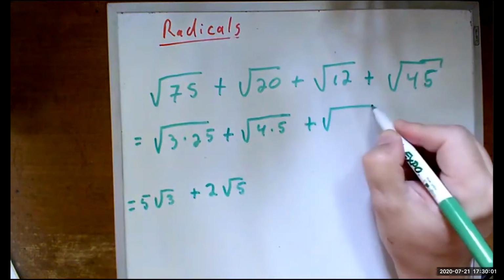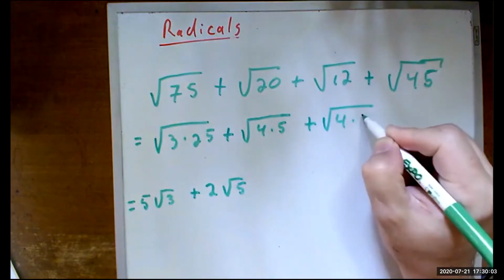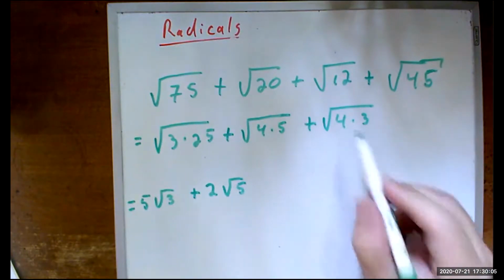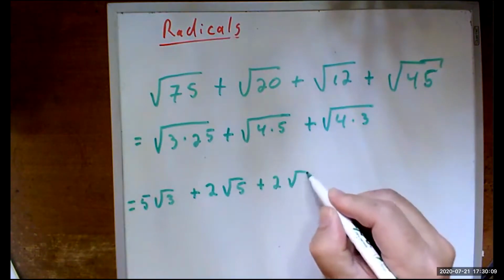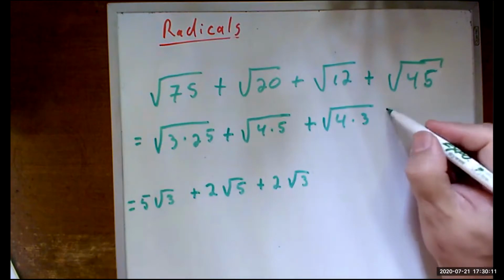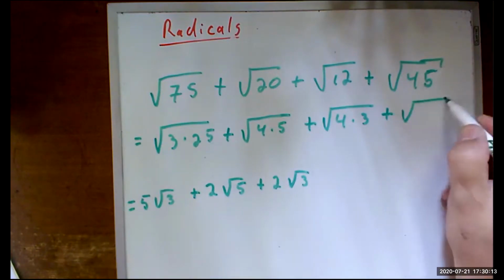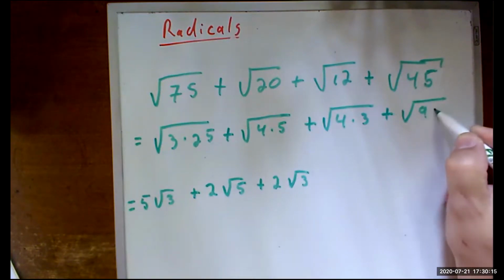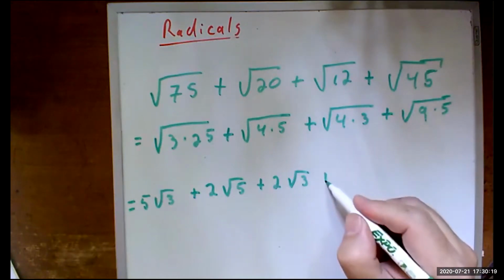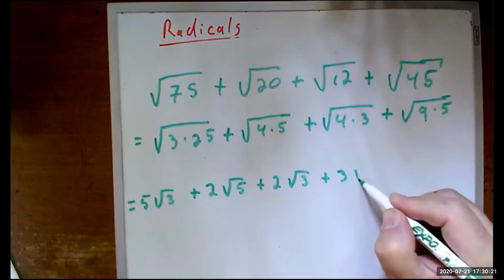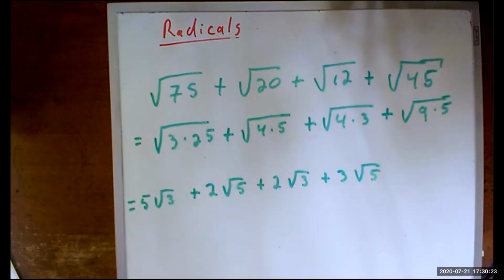Square root of 12 is the same as square root of 4 times 3. Again, I can take that square root of 4, and it leaves the 3 behind. And then the square root of 45 is 9 times 5. I can take the square root of 9, and the 5 comes along.